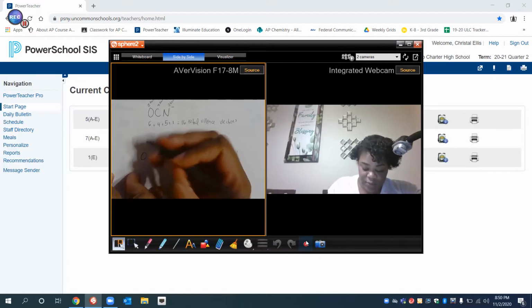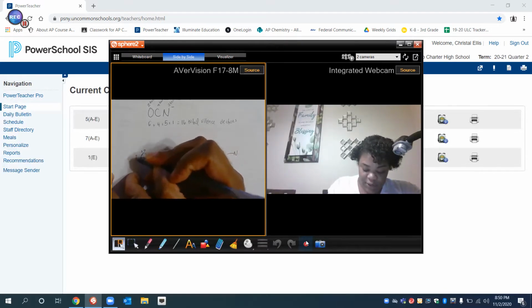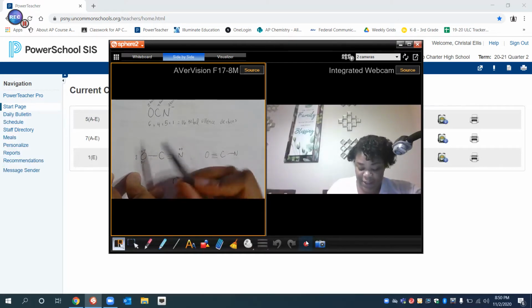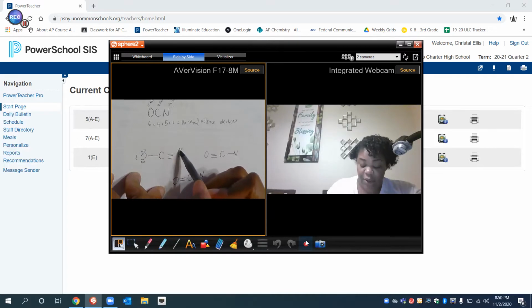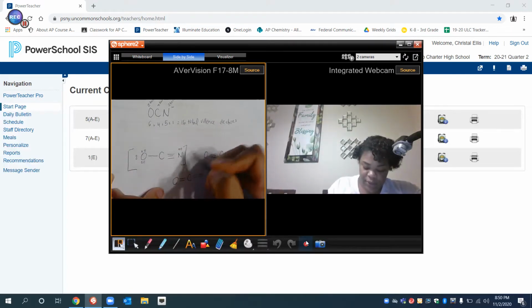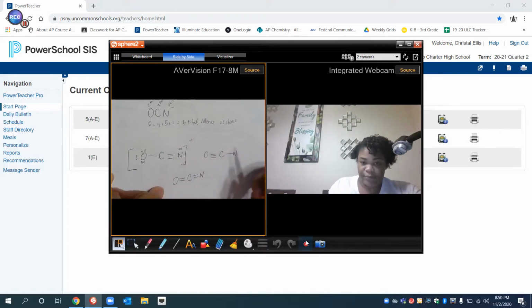Oxygen has 2, 4, 6, 8. If we count all together, we should get 16. So each atom within this molecule has its octet. We could put brackets around it and put the charge, -1.